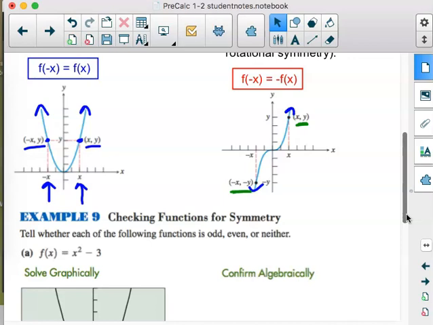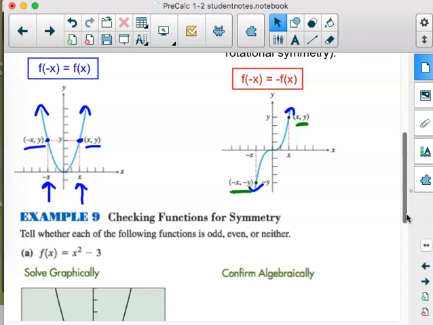And these little boxes here are really important because algebraically, this says if we put a negative x in, we're going to get a positive back. That tells us this is even. And this one says if I put a negative x into this function, it's going to come back as the opposite of what it started with. And that's odd. And it's all because of the relationship between the y's. The y's are the same when it's even, and they're opposites when it's odd.